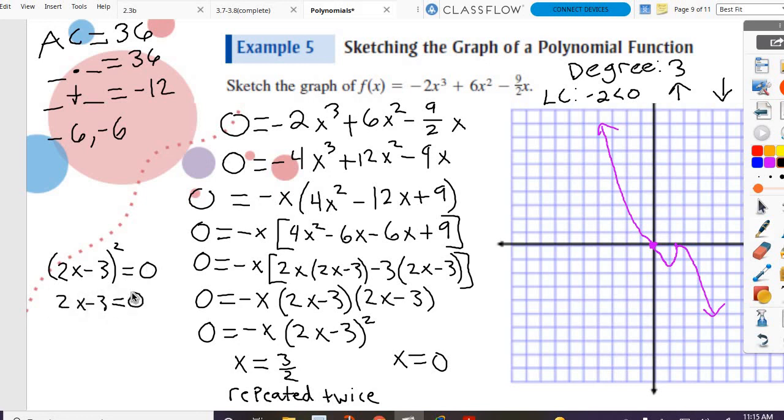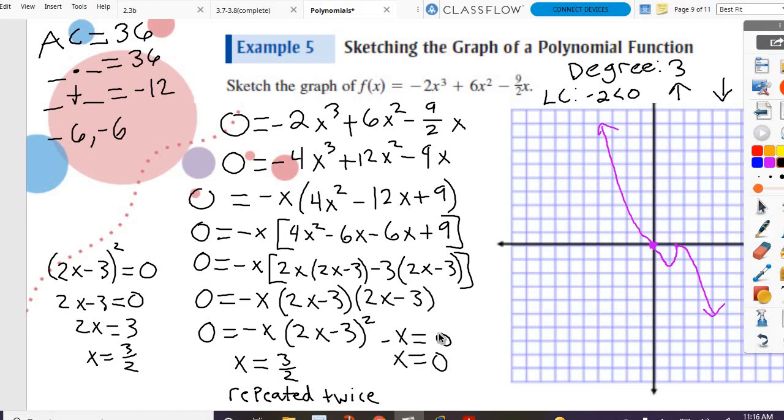Well, the square root of 0 is still 0. Then I would add 3 and divide by 2. Does that make sense? Same thing here. Technically, I set negative x equal to 0, but negative 0 is the same thing as 0, so we just get x equals 0. Does that make sense? Other questions? That was a good one.